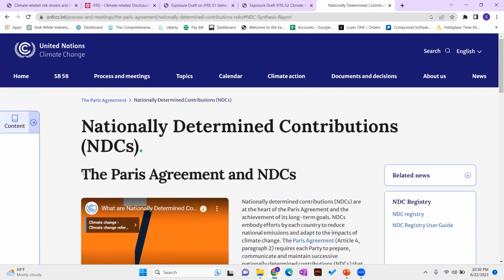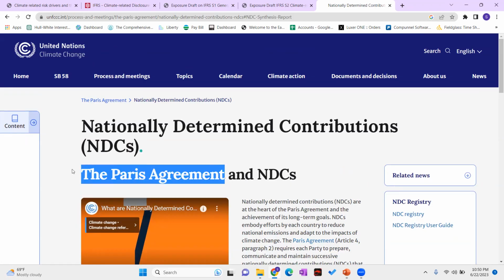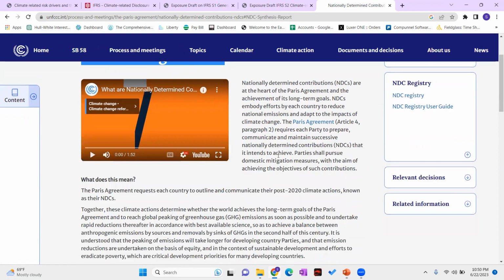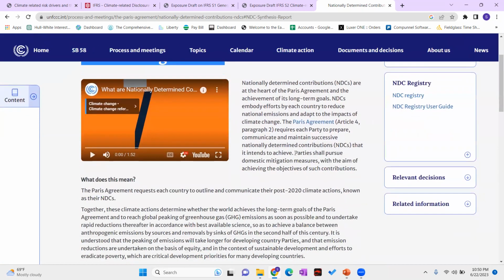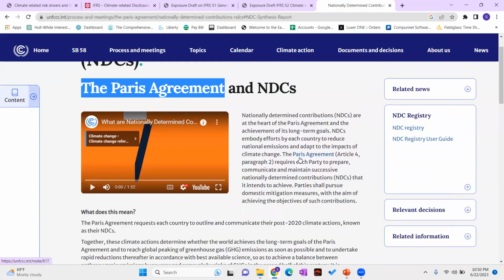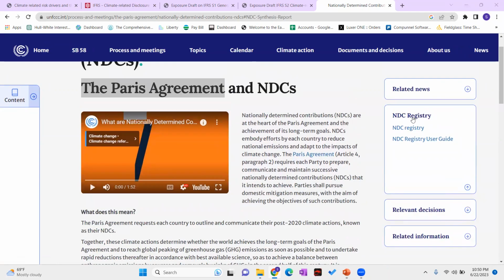I was mentioning the Paris Agreement, right? This was the most significant conference that happened on climate risk, after which pretty much everybody became self-conscious and self-righteous and started contributing their bit to combat climate change. So I'll show you. NDC is nationally determined contribution.